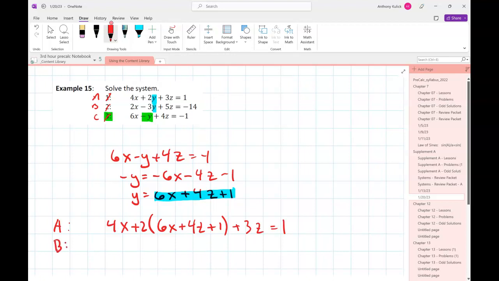And then equation B, I'm going to have 2x minus 3y, but instead of the y, I'm going to write 6x plus 4z plus 1.